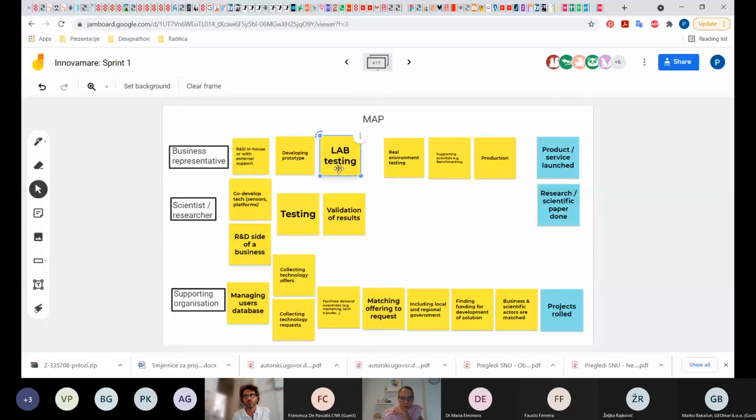It can happen in any phase, but if you consider financing, it could be from the start. It depends on the partners, on the funding availability, on the cost.